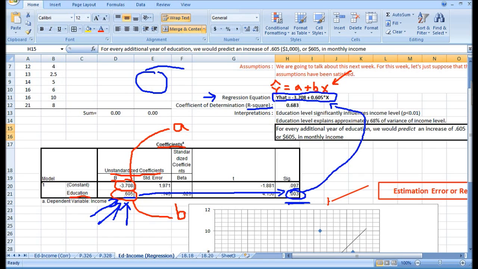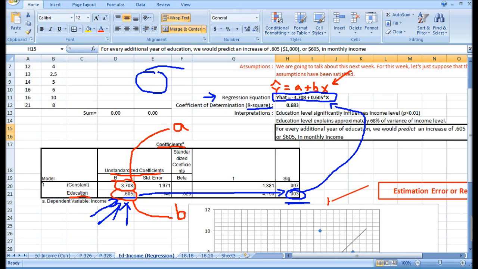The third interpretation is about this regression coefficient, which is 0.605. We can interpret that like this.